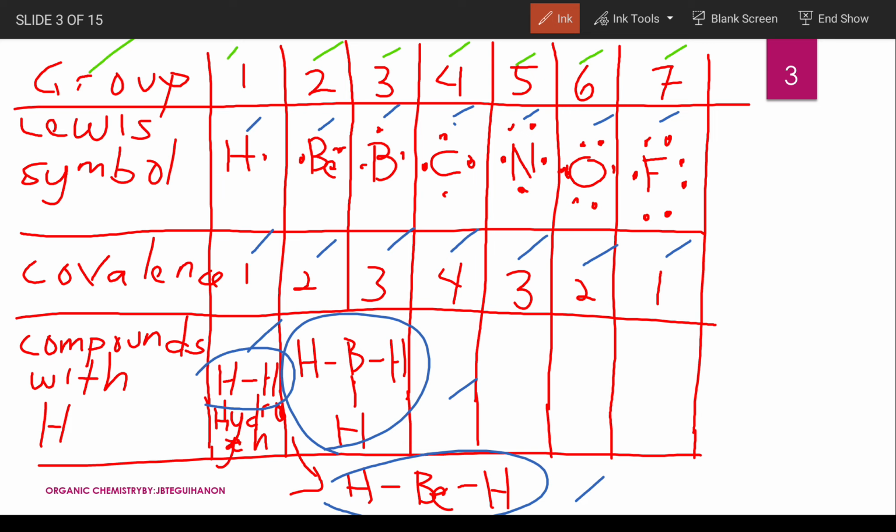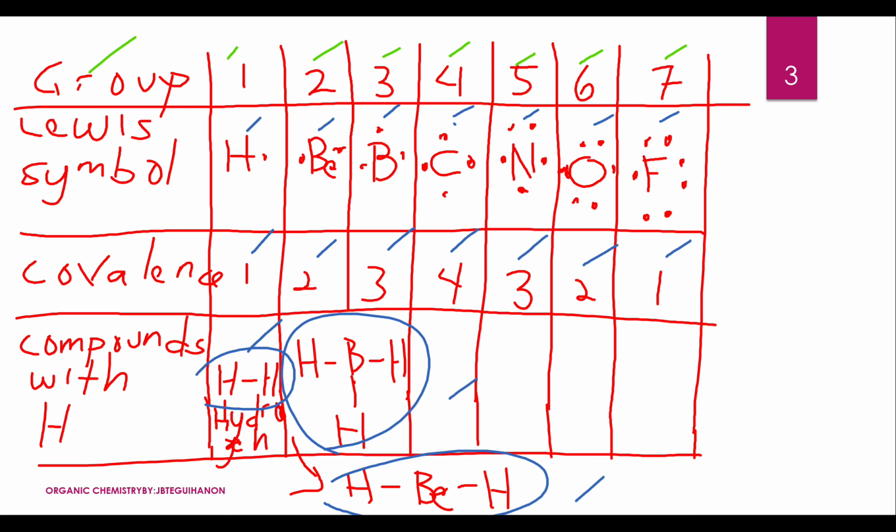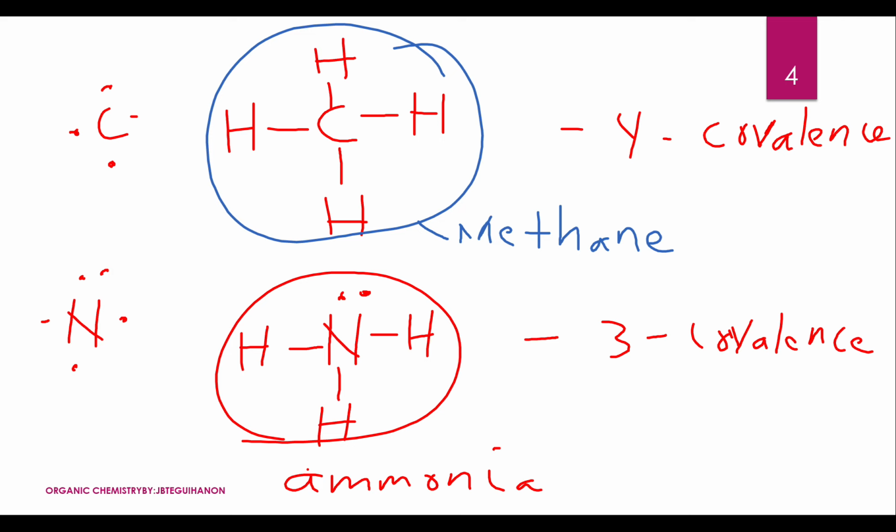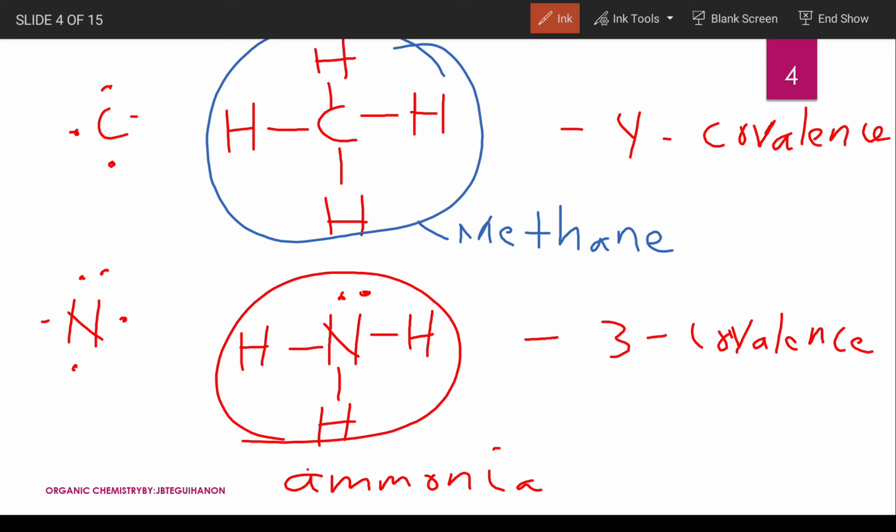Okay, and then we jumped to the next slide and drew the Lewis symbol again. Then we drew the chemical structure of methane. We have the covalence number here. Then we have the Lewis symbol for nitrogen, and then the chemical structure with H, which is ammonia, with the covalence of 3.